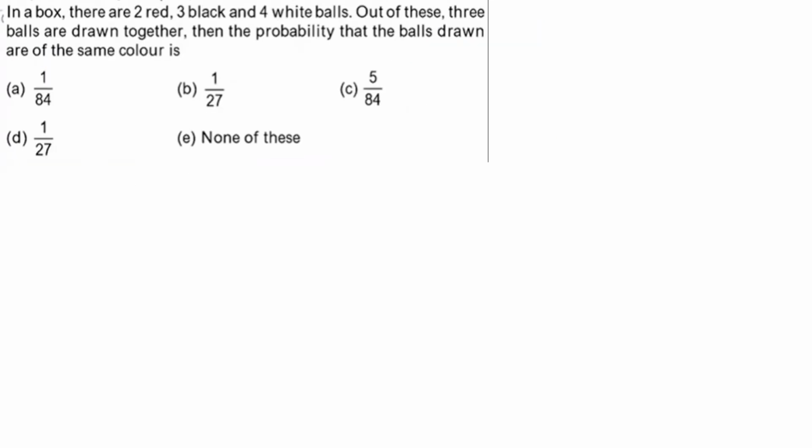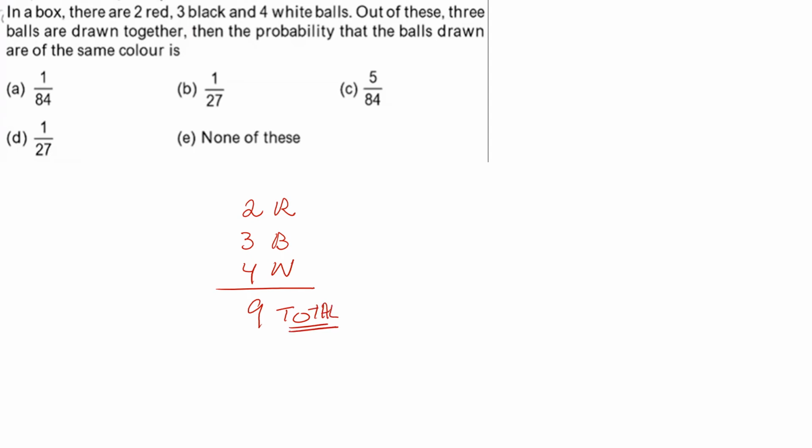Now in a box, there are 2 red, 3 black and 4 white balls. So there are 2 red balls, 3 black balls and 4 white balls, which is 9 balls in total.